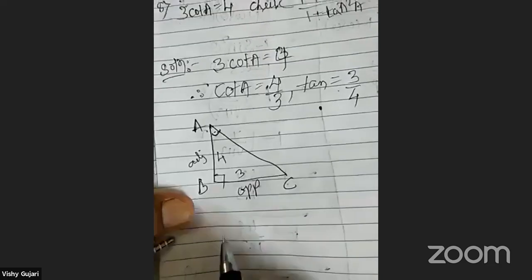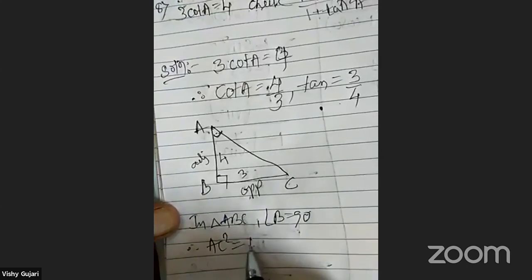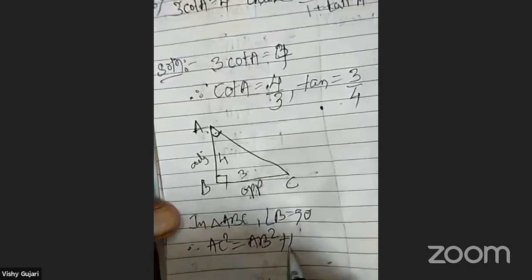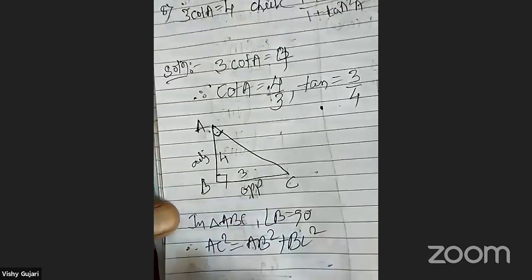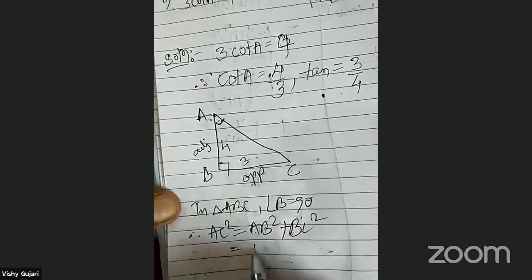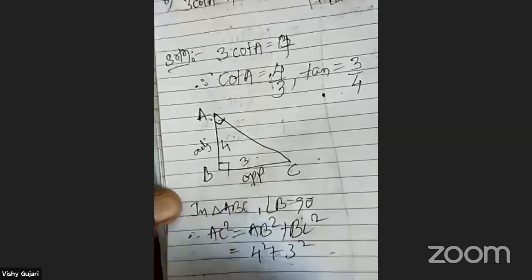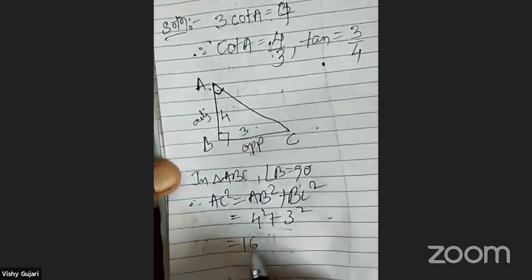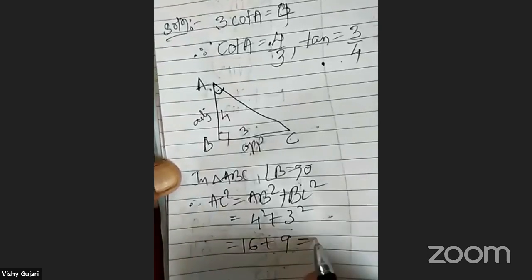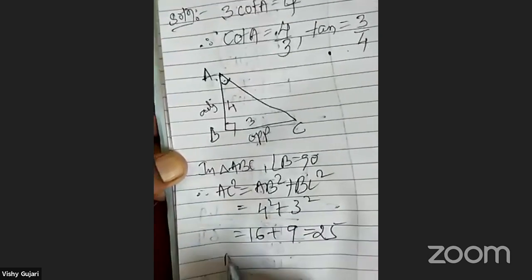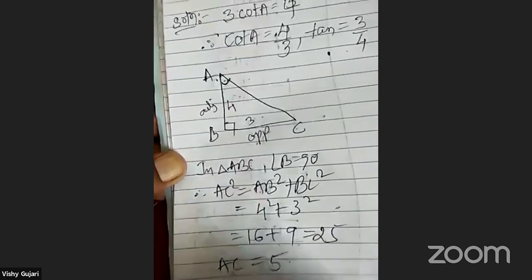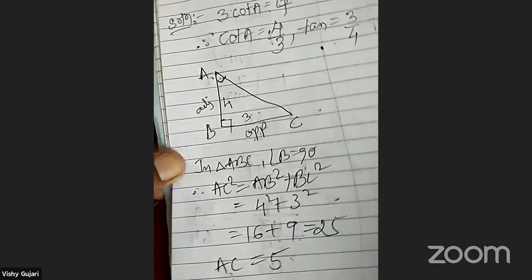Therefore, in triangle ABC, angle B is equal to 90 degree. Therefore, AC square is equal to AB square plus BC square, 4 square plus 3 square, that is equal to 16 plus 9 is equal to 25. Therefore, AC is equal to 5. Write down this much first.